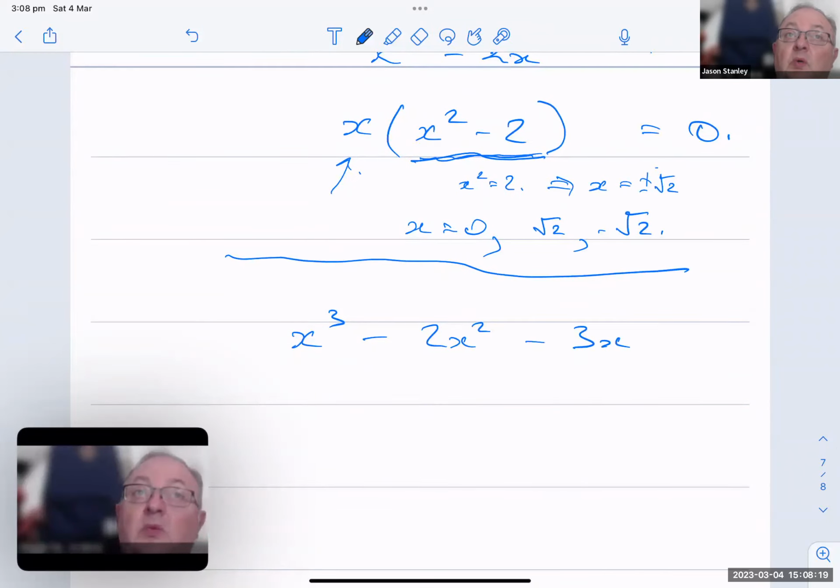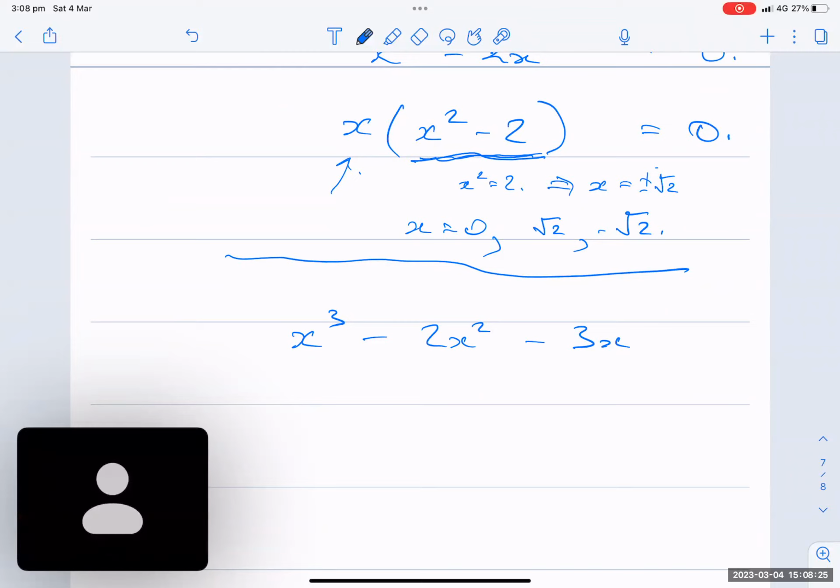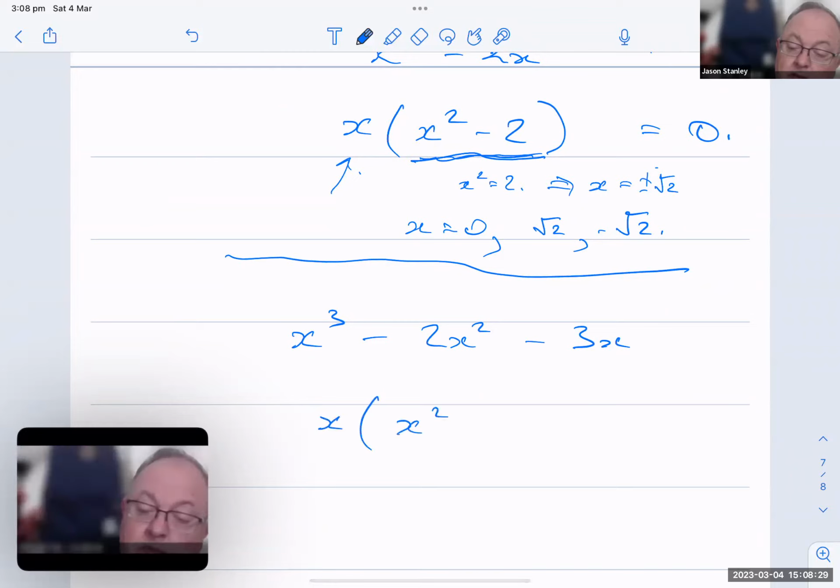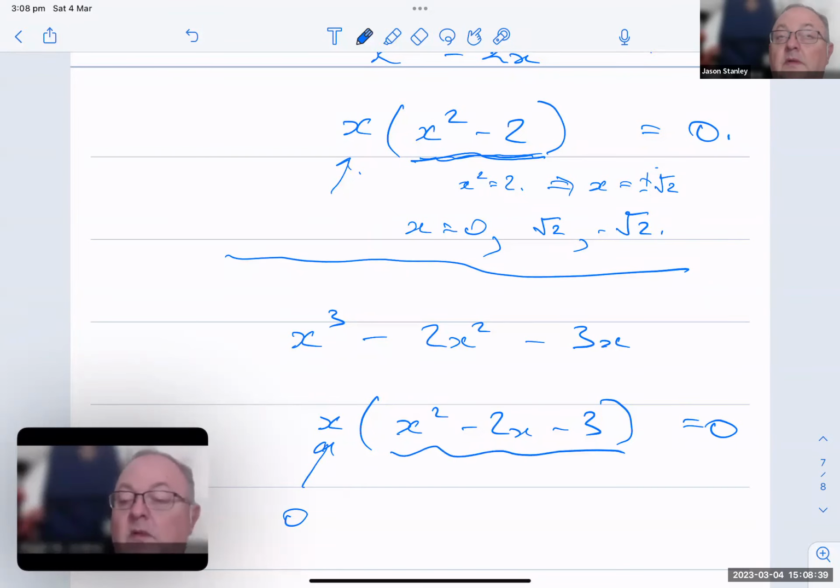Again, what's common across each of the three terms? X again. So we can take the x out. We'll get x squared minus 2x minus 3. Okay, so one of the solutions will be 0 because of this. And then we can go and complete the square or use the quadratic formula.